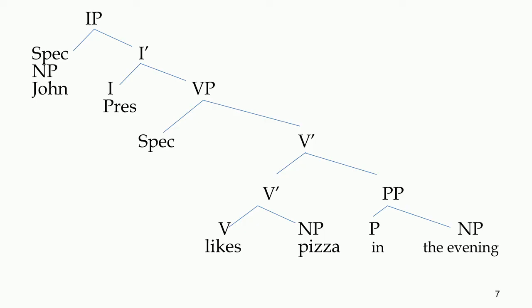Therefore, the head of this IP is an I, which is a position in this structure. You see present there, because the tense of the whole sentence is present and we are indicating tense in that place. However, that place is for several features together. The whole cluster of things can be put in that place, like number, person, gender, aspect, tense.